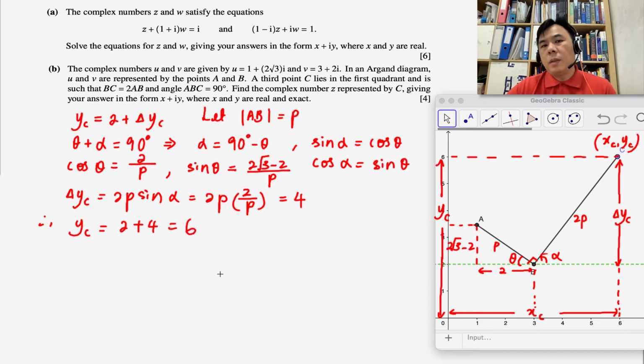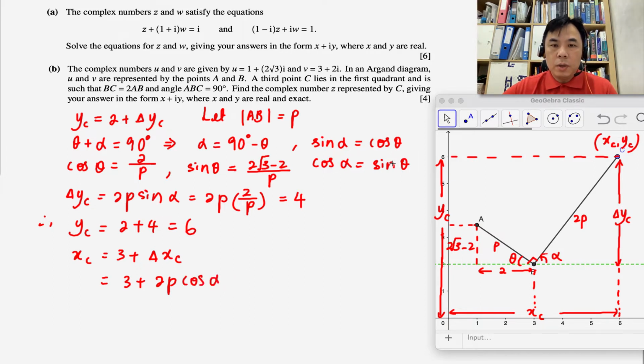Okay, now we're going to work out the x coordinate for c. The x coordinate for c is given by 3 plus the small increment of c here, which we can obtain using the same strategy as above. That will give us 3 plus the increment of this x coordinate, which is given by 2p cosine alpha.